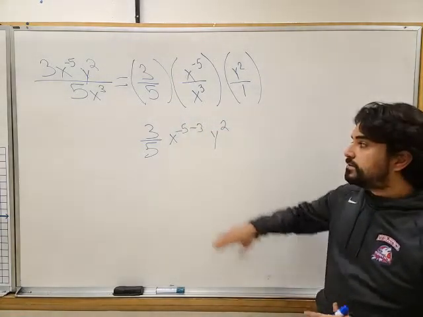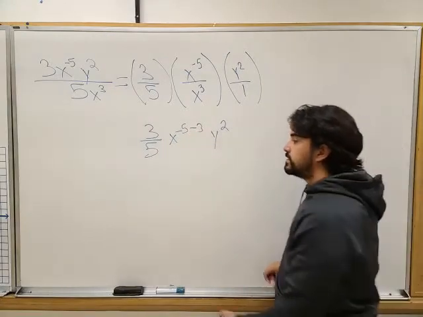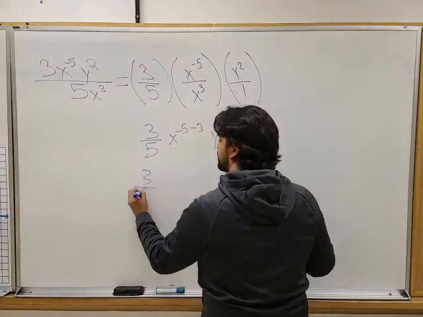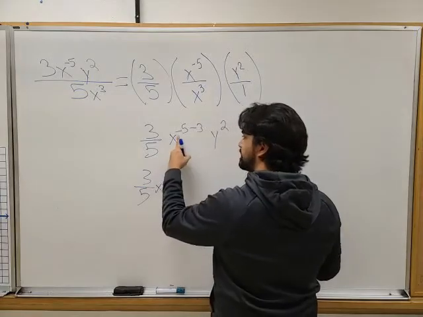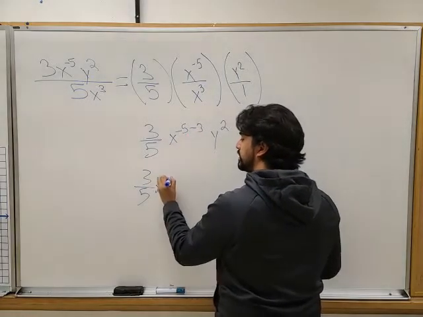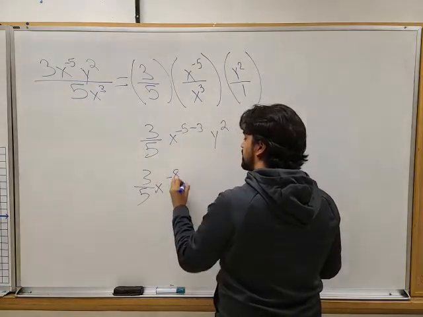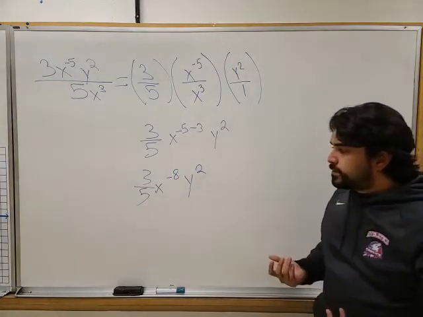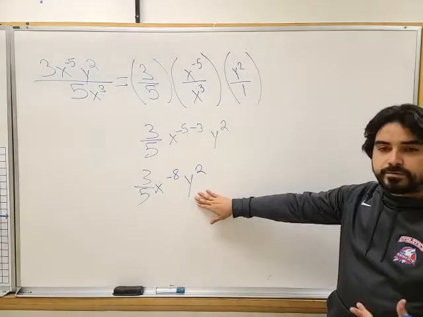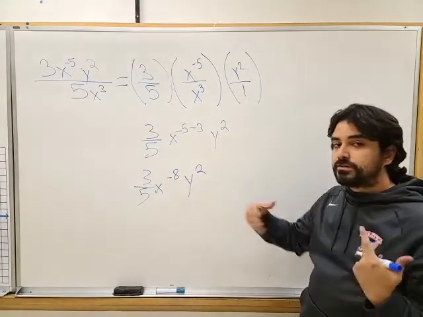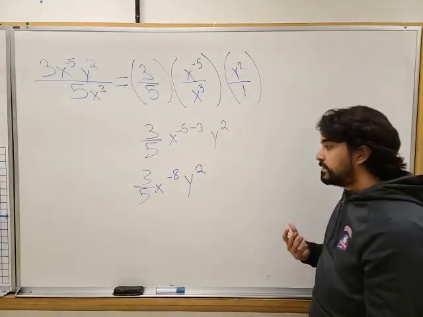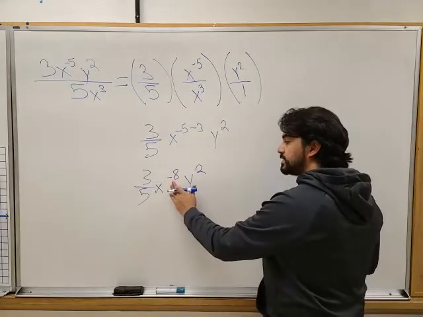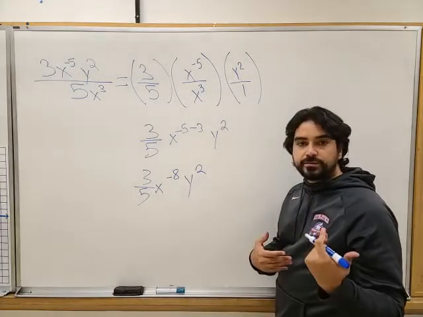Last thing I need to do is my exponents. So we have 3 over 5, x, negative 5 minus 3 will give me negative 8, y to the power of 2. Remember, we can't have negative exponents in our final answer. For the negative exponent, we're going to do the reciprocal.